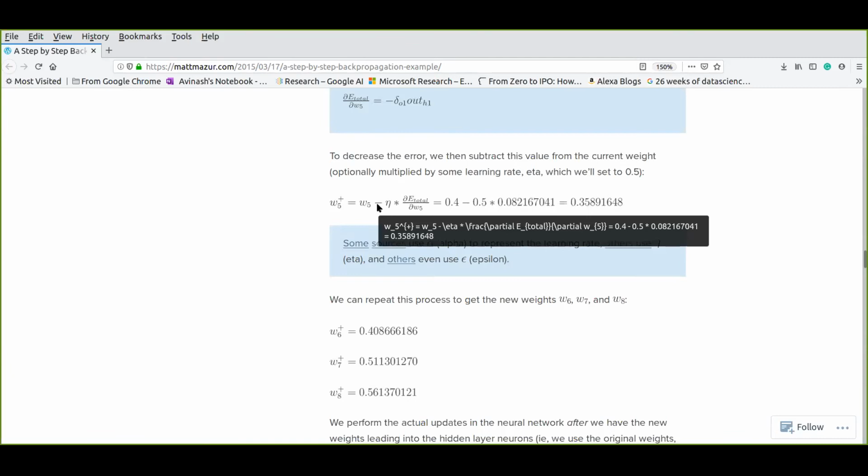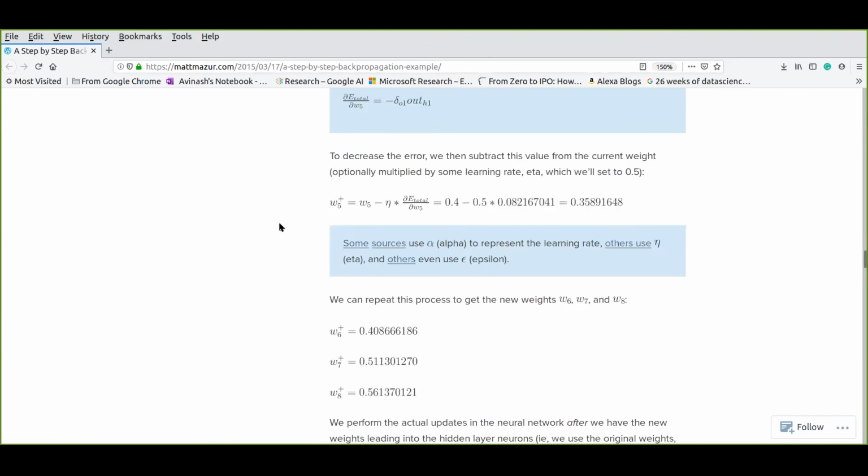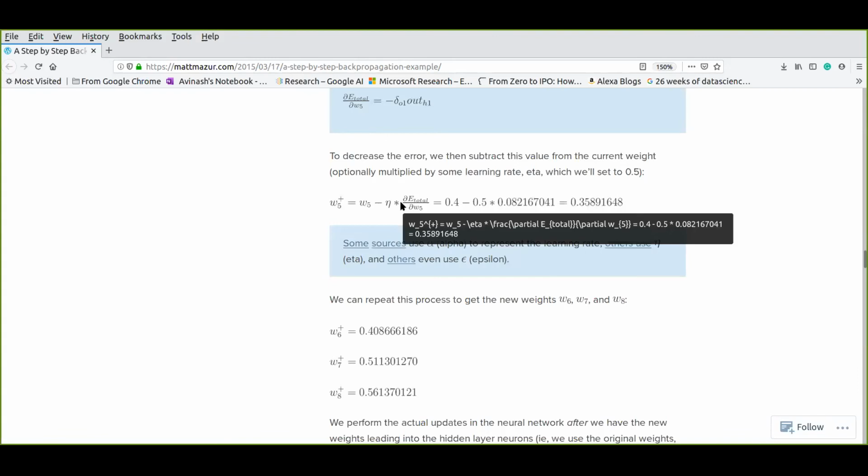So maybe it has something to do with that. Yeah, I would add something here. In case we have to increase it, that gradient value will be negative, and subtracting it will make it positive and then increase. So basically, the gradient will tell you which way you have to move.